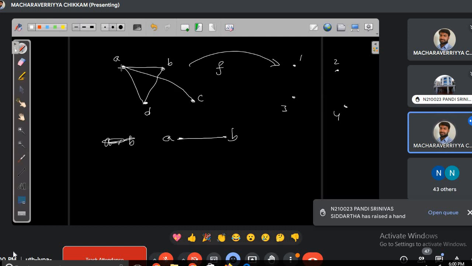Maybe A is mapped to 1, B mapped to 2, D mapped to 3, C mapped to 4. Like that I'm mapping. So if there is an edge between A and B, we must find an edge between f of A and f of B. It means that if A and B are adjacent in the graph, then f of A and f of B must be adjacent in the other graph.